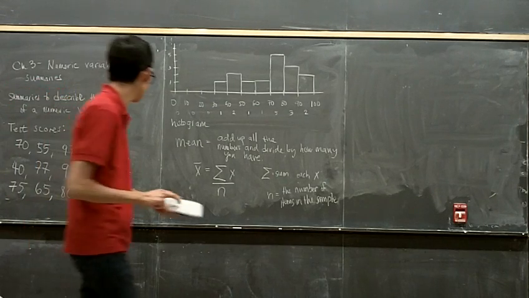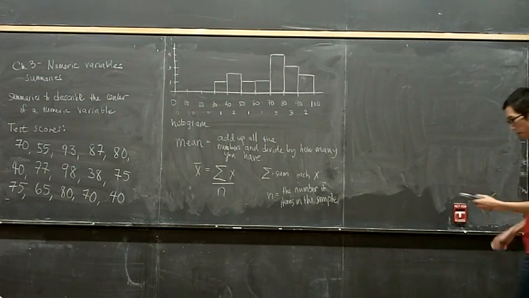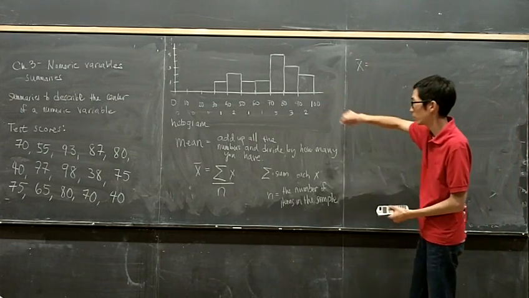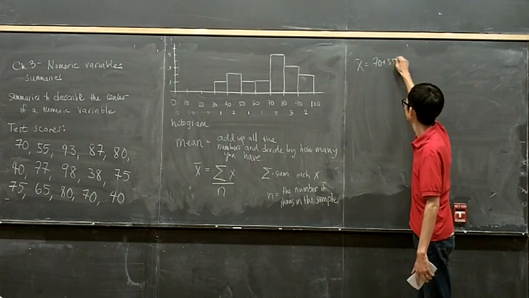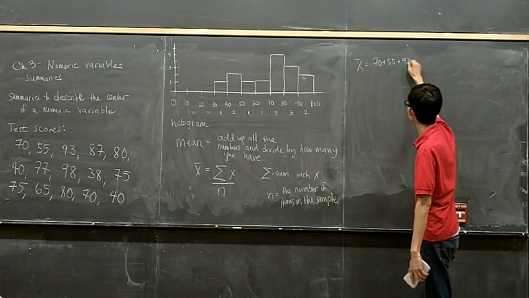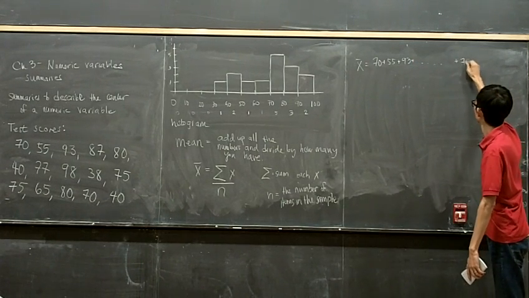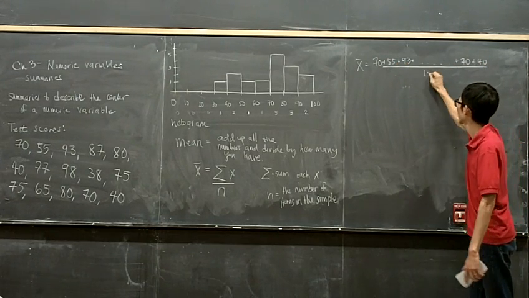So what is the mean test score here? Well, I would have to add up 70 plus 55 plus 93, and so on, all the way to the last numbers, plus 70 plus 40, and then I would divide by 15.